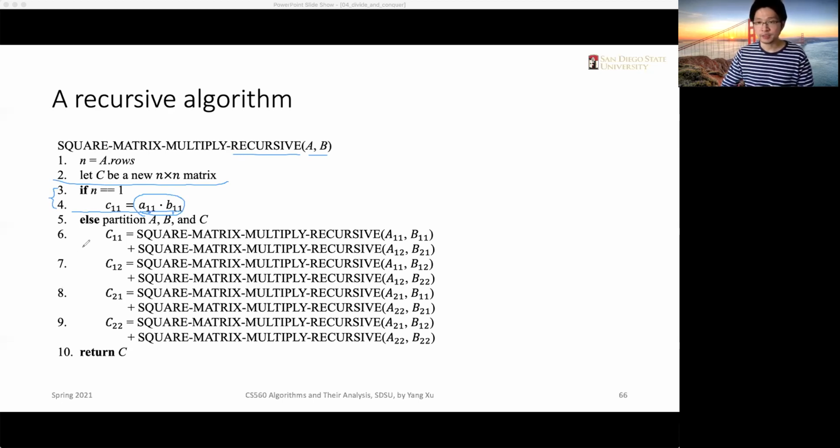If it's the other case, that means it's the recursive case, then we need to divide the problems, divide the matrices, use the way we showed in the previous slide. So this line 5 says we need to partition A and B and C into 4 regions, so that we can have the capital A11, capital A12, capital A21, and capital A22.